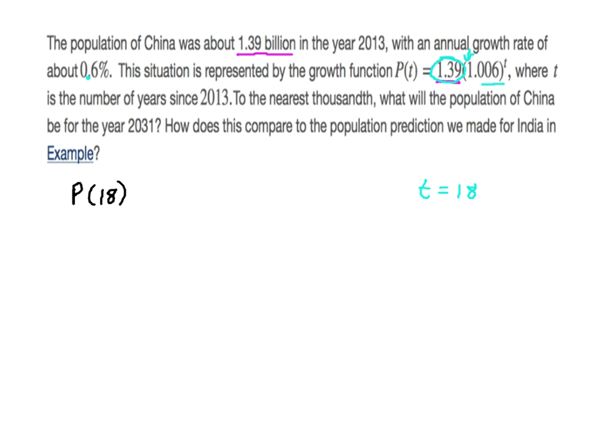So P of 18 for China, we have our initial population of 1.39. We're growing at 0.6% every year.